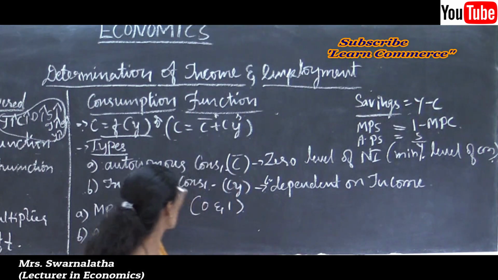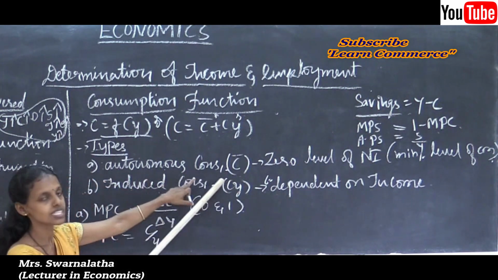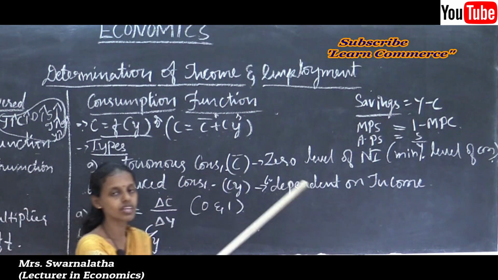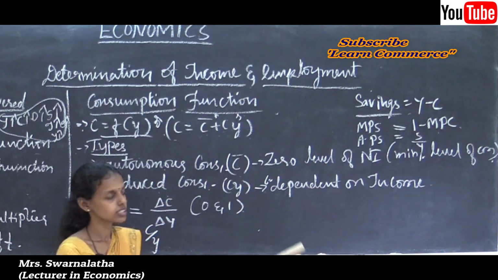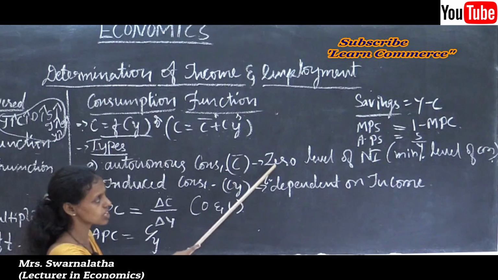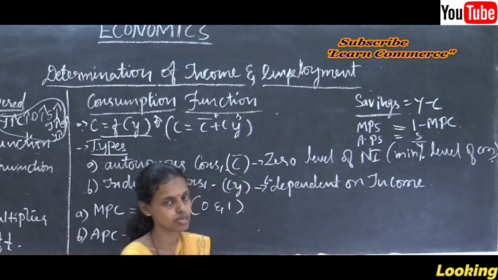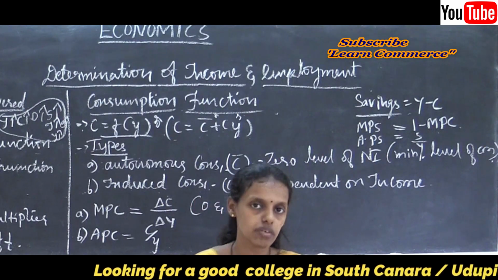By the name you can see, C bar is denoted as autonomous consumption. It is the consumption at zero level of national income by an individual. So autonomous consumption is consumption at zero level of national income, meaning the minimum level of consumption for survival.